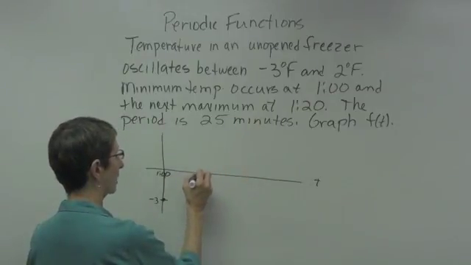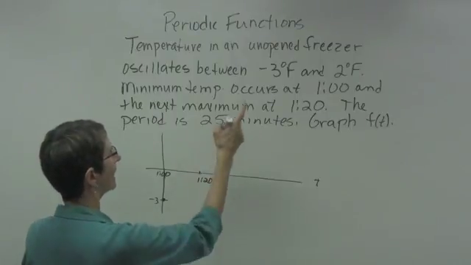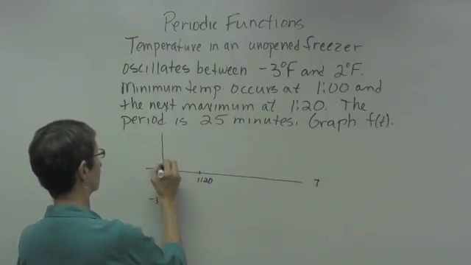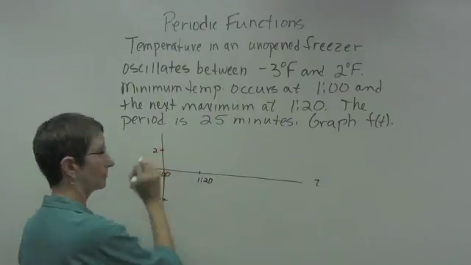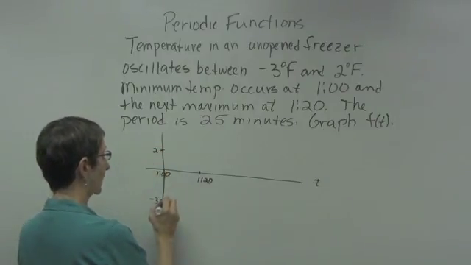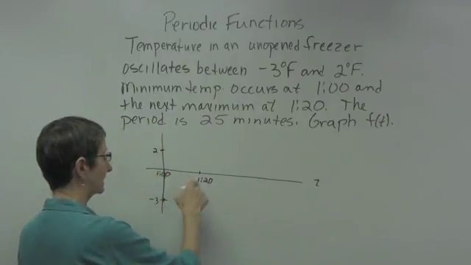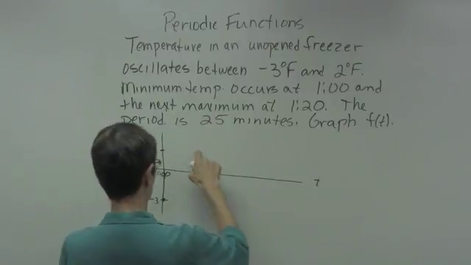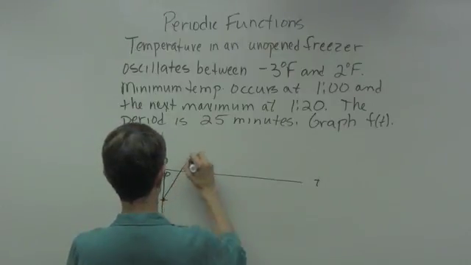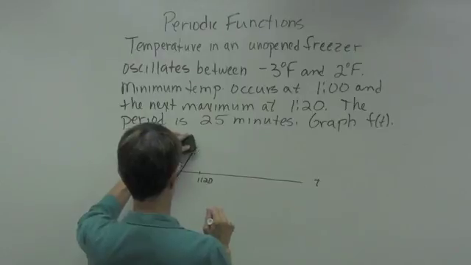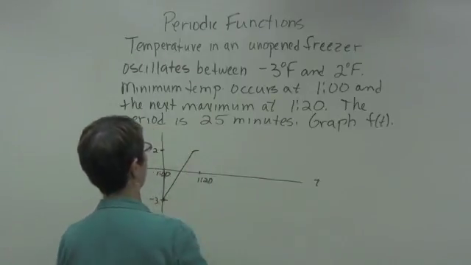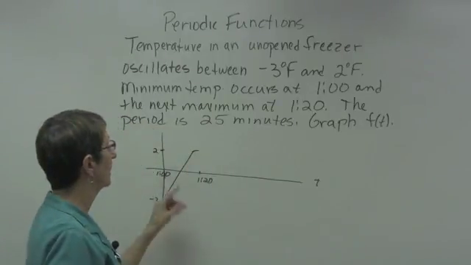So I'm going to call this 1:20. And the high is 2 degrees Fahrenheit, right here. So I go up and hit the high at 1:20. Didn't quite make it, did I? I'll curl it over there. We'll see how that works.